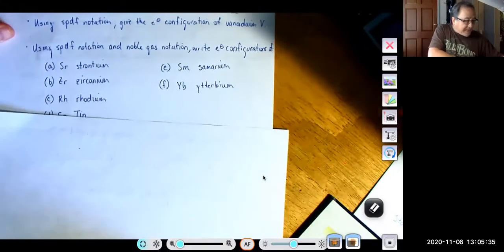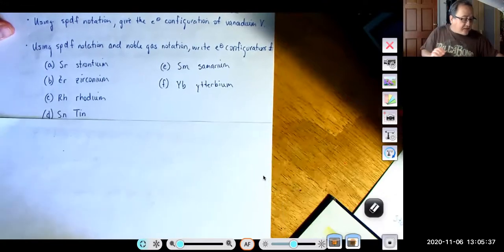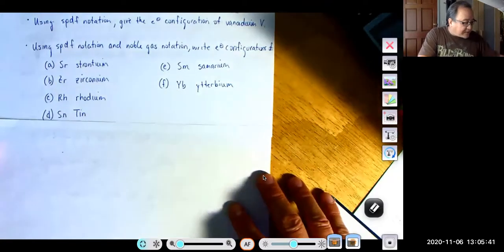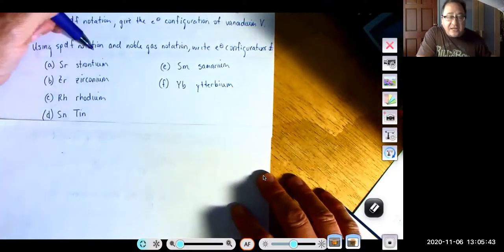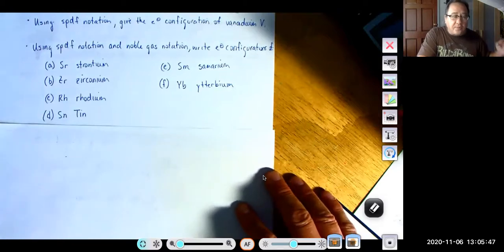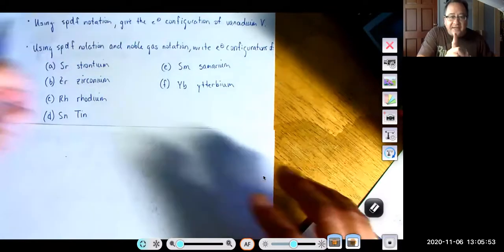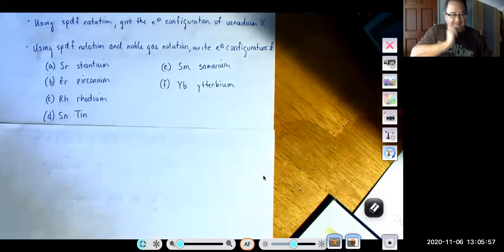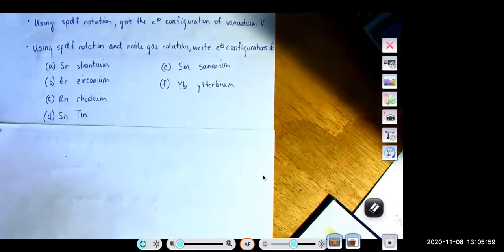Okay, how about this next one? Using SPDF notation and noble gas notation, write the electron configurations of. So when they say SPDF notation and noble gas, they mean start with the noble gas. So this is not two separate things. It's one thing. Start with the noble gas and do SPDF. Wait, so we write the noble gas first?